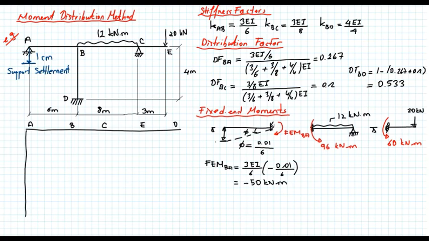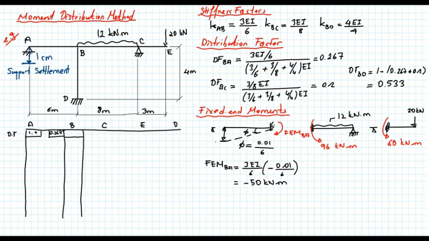So this is DF at point A. This is 1.0. So I will divide B into three columns. So the distribution factor here is 0.267. I'll put a note to myself.